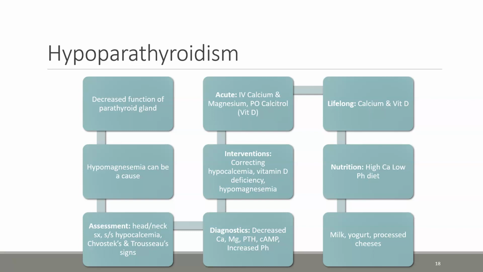So keep in mind that with hypoparathyroidism is where you see the different signs that are seen with a low calcium level. These patients are on long-term calcium and vitamin D therapy.